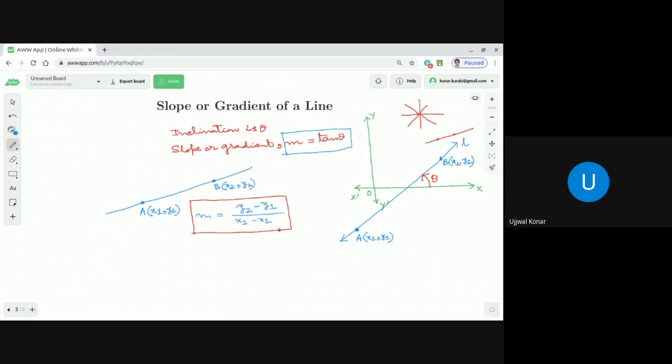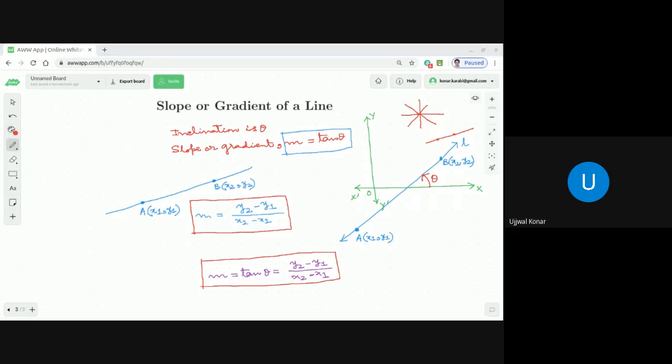Combining these two, m is nothing but tan theta, and that is also equal to y2 minus y1 divided by x2 minus x1. I hope it is clear, dear students, how to find the gradient or slope of a straight line. Very important point.